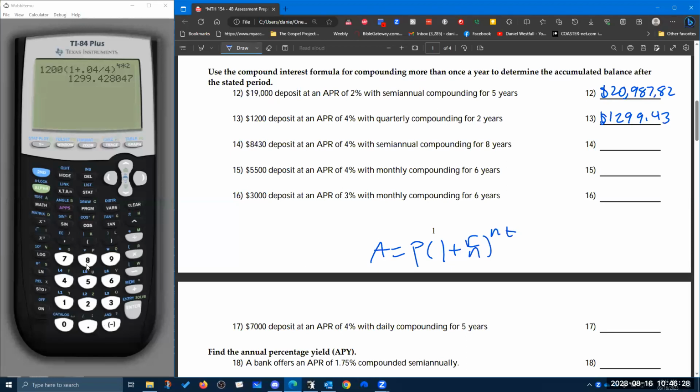Next, we have $8,430 deposited. 1 plus 4% compounded semi-annually for 8 years is going to be $11,572.58.